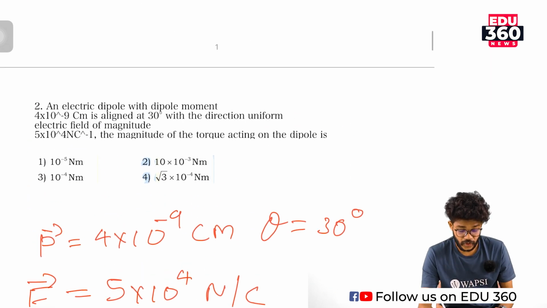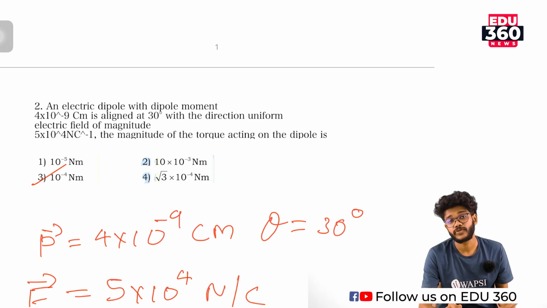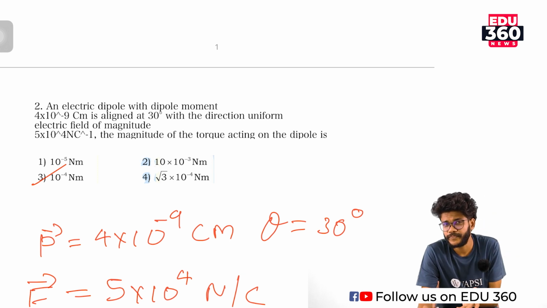So which option is the correct answer? 10 raised to minus 4 newton meter. Option 3 is the correct answer. So can we move to the next question?